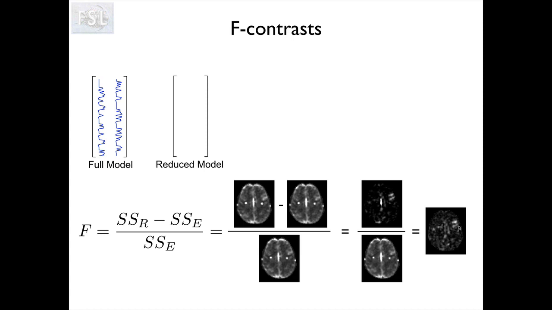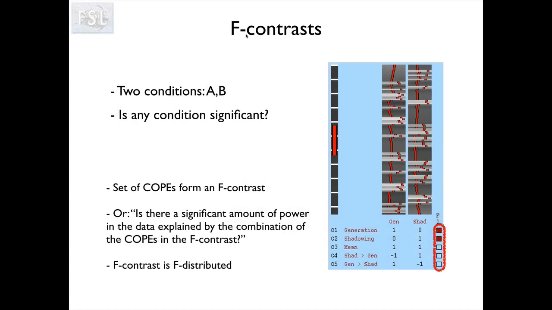So F contrast, two conditions A and B: is any condition significant? Is any or both or one of them significant? We are creating this F contrast by combining T contrasts by clicking these tick boxes in the F contrast box.